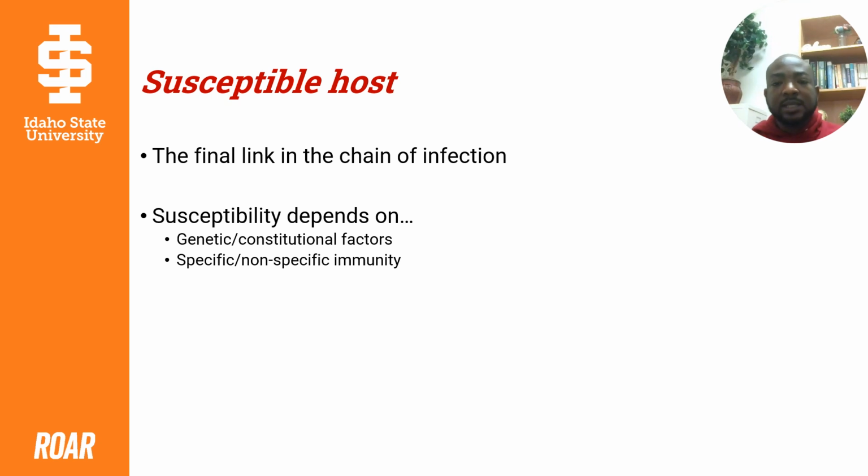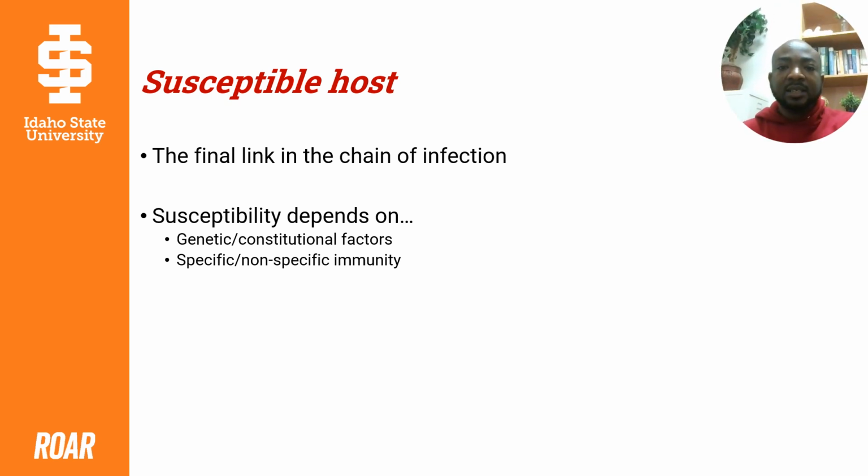Susceptibility of a host depends on genetic or constitutional factors, specific immunity, and non-specific factors that affect an individual's ability to resist infection or to limit the pathogenicity of the infectious agent. An individual's genetic makeup may either increase or decrease susceptibility. For example, persons with sickle cell trait seem to be at least partially protected from severe malaria.